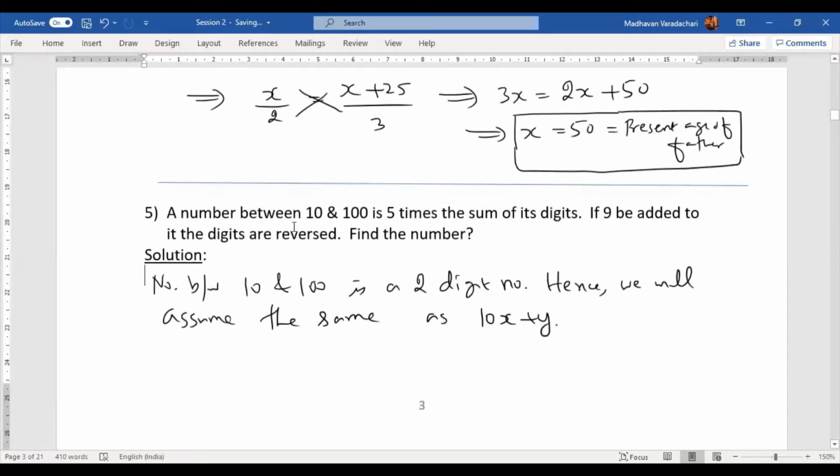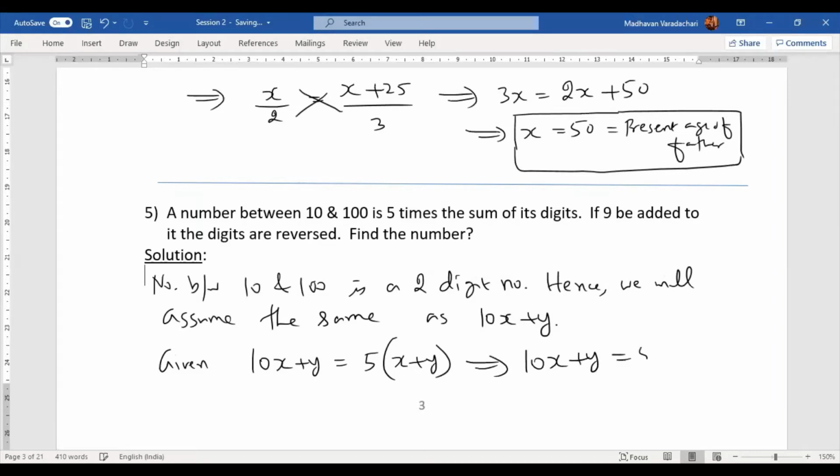Now, this number, 10x plus y, is 5 times the sum of its digits. Sum of the digits means x plus y. So I can rewrite this as 10x plus y is equal to 5x plus 5y.